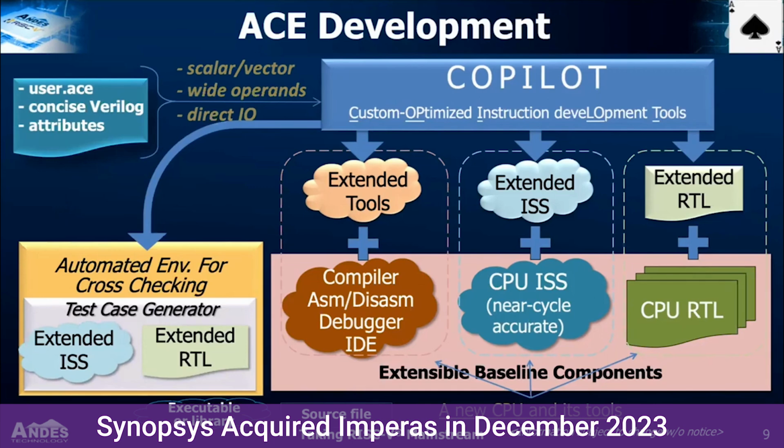Is the result the same? Are there any side effects that I should know about? Then you could cross-check results from the three different methodologies to make sure you got the performance and features you needed. So Copilot is our software development tool to simulate and create custom extensions.